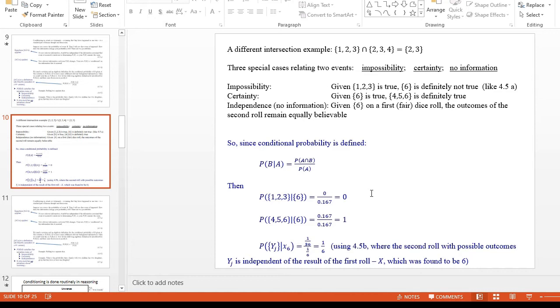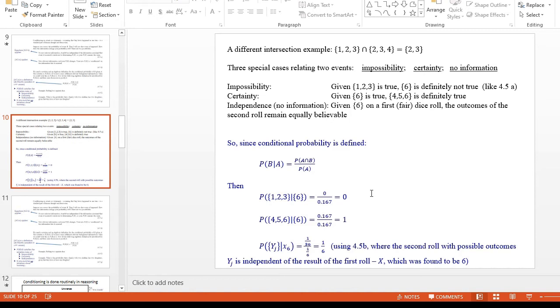In the case of independence, you have this third possible way of writing this down. The probability of getting a second roll with outcome, let's call it y subscript j, where your second roll y has any outcome 1 to 6, given that your first die roll was a 6.